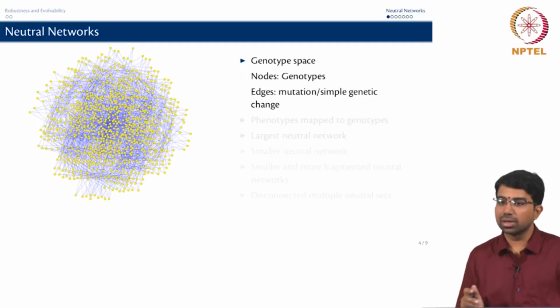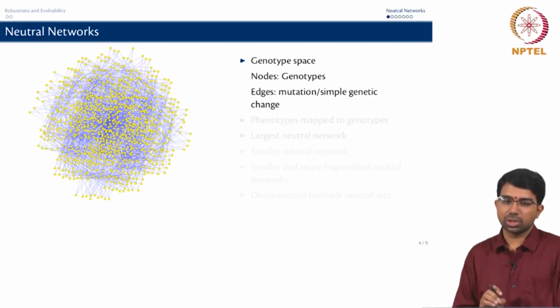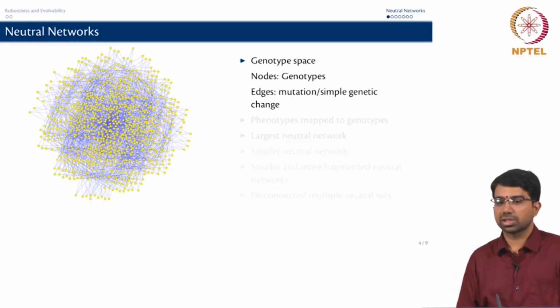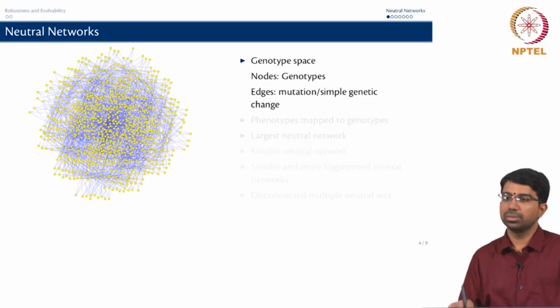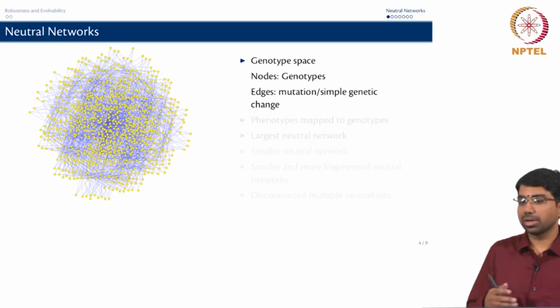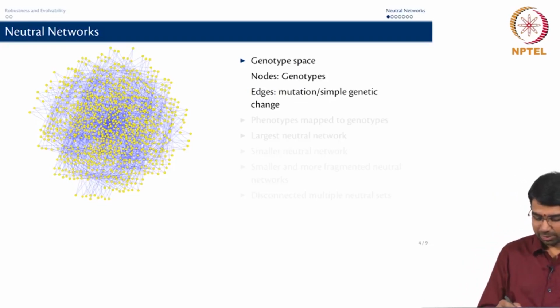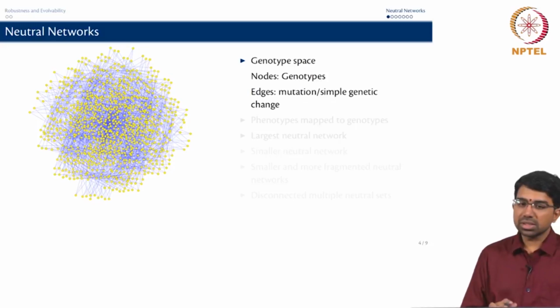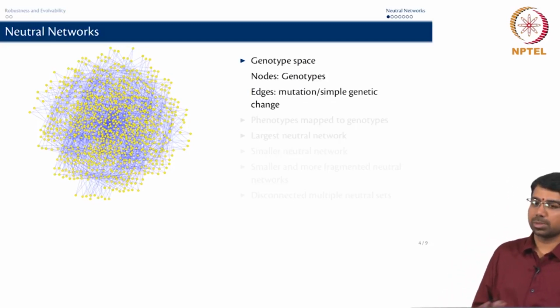So, you will have a regular graph wherein there are 1024 nodes, each with 15 outgoing edges. The total number of edges will actually be 1024 times 15 divided by 2, because you count them both ways. That is going to be a reasonably dense graph, might look somewhat like this. This is nothing but the genotype space.